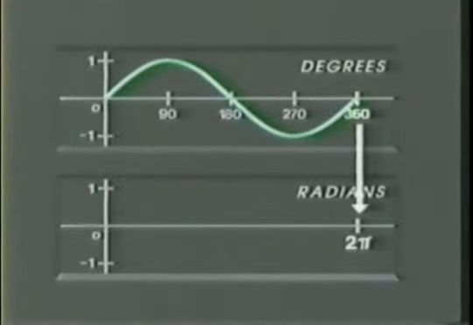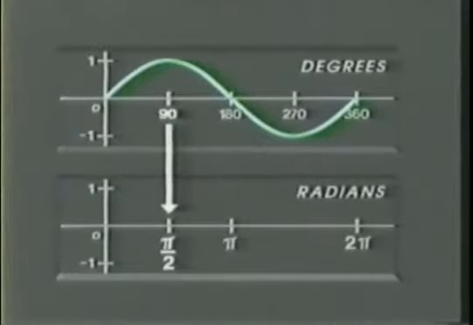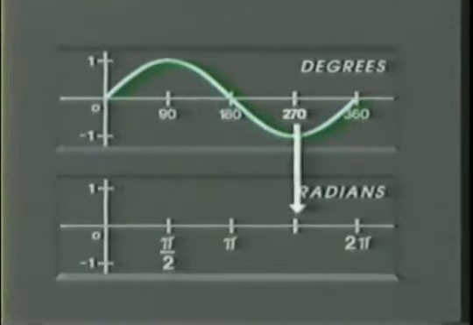And 180 degrees is pi radians. 90 degrees is pi over 2 radians. Let's try one we haven't looked at. 270 degrees. We know it's halfway between pi and 2 pi radians. It's 1 1/2 pi, or 3 pi over 2.